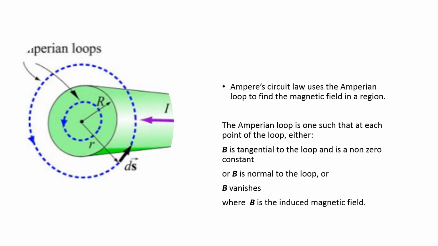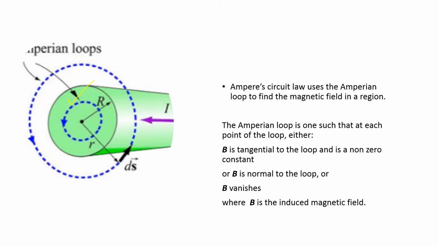This law uses the Amperian loop. We have shown here, suppose a current is moving through a wire. Now we have chosen an Amperian loop around this, shown here. This is our Amperian loop.